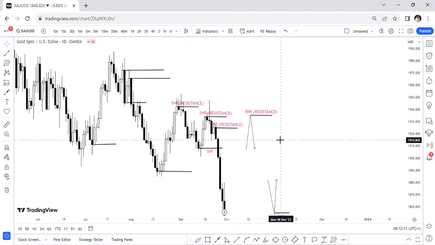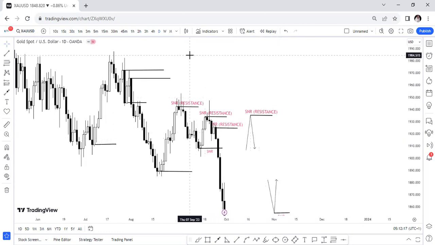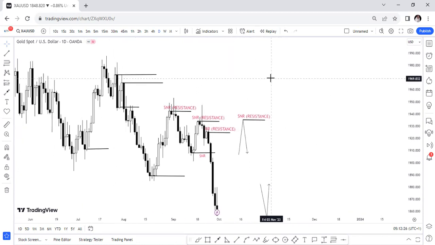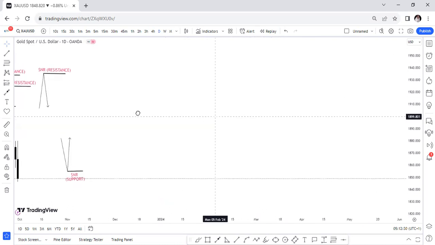Actually, you must open up the line chart to see the curve. That sharp curve is what you are looking for. You can also do it in candlestick, but you need to mark it accurately.